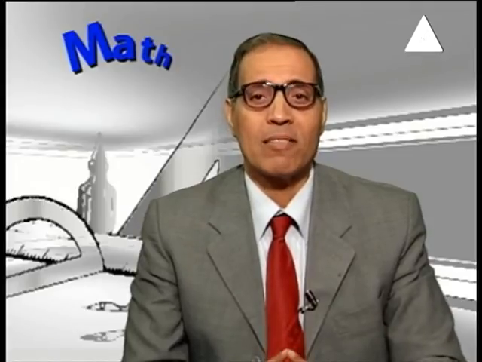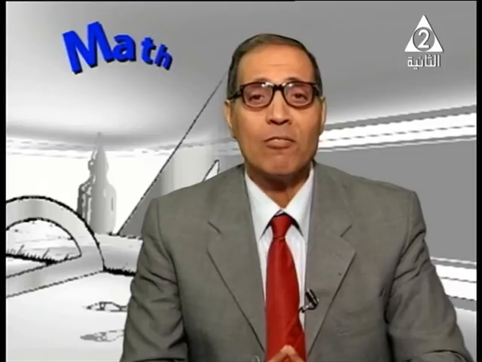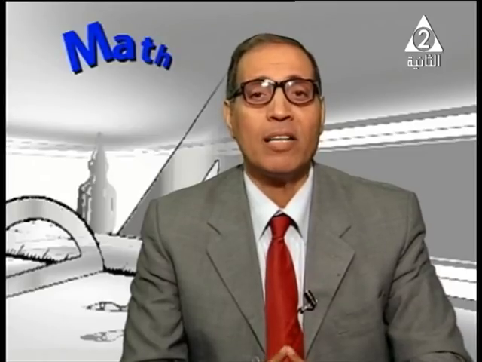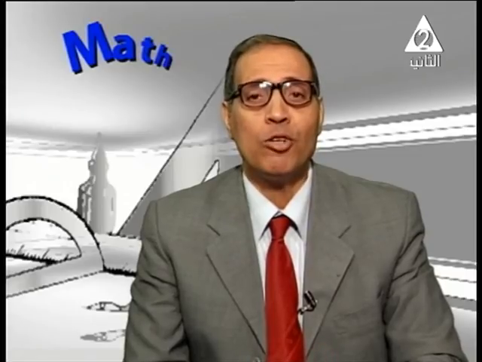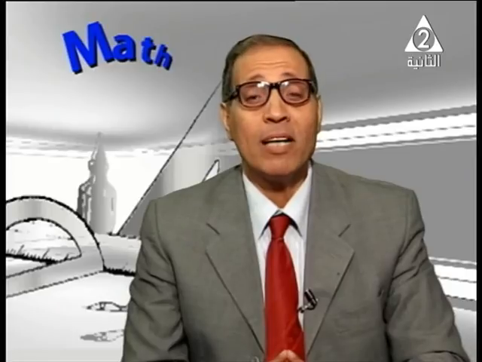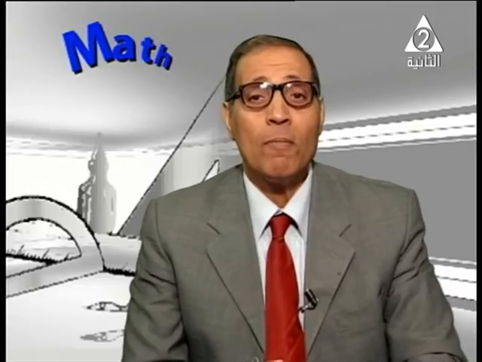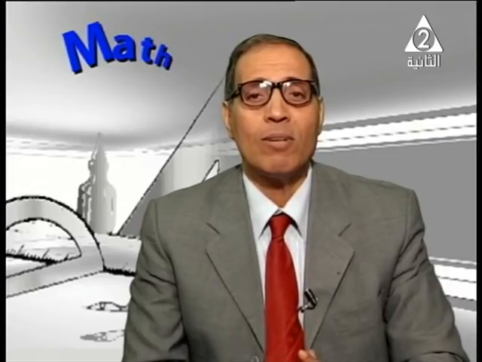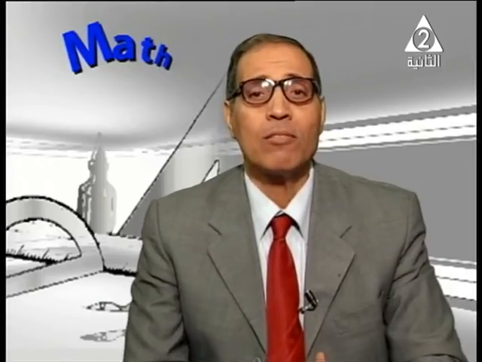Remember, in complex numbers i equals square root of negative 1, but i square equals negative 1, i power 3 equals negative i, i power 4 equals what? i power 4 equals 1. But omega plus omega square plus 1 equals 0. Omega power 3 equals 1. Omega power 3 equals omega power 6 equals omega power 9, and so on for multiples of 3.